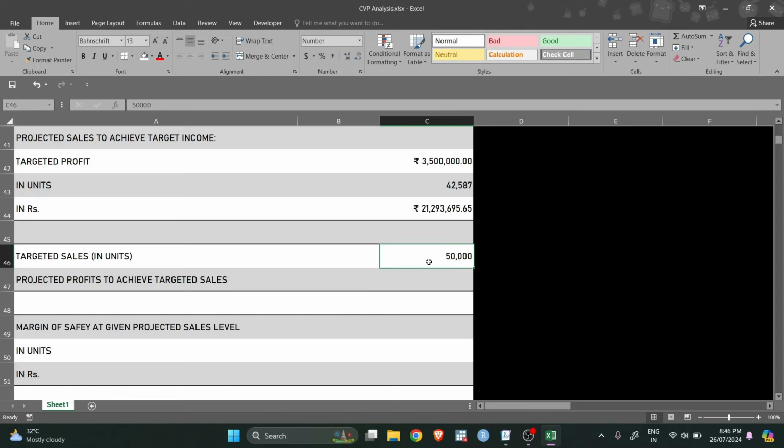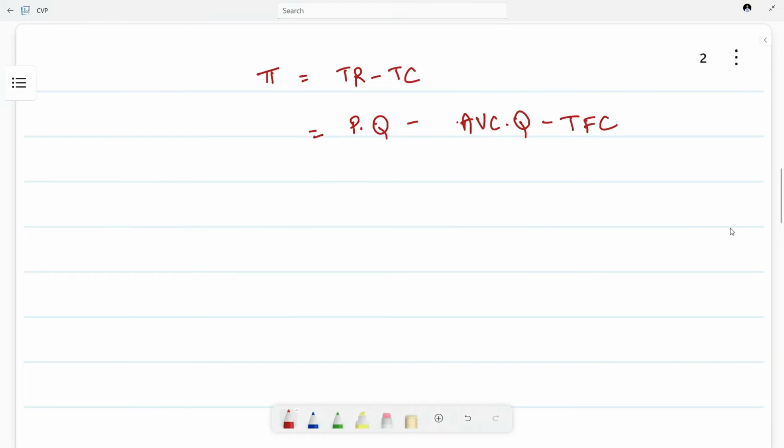Here I have been given this targeted sales, and it wants me to find the profit such that I receive this targeted sales. How to do this? Let's see. We know profit is equal to total revenue minus total cost.